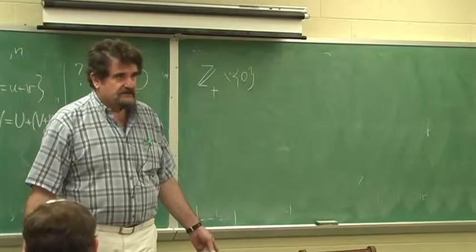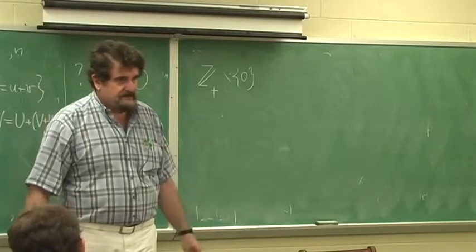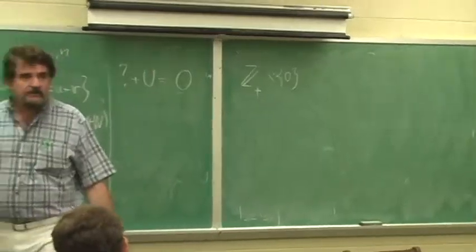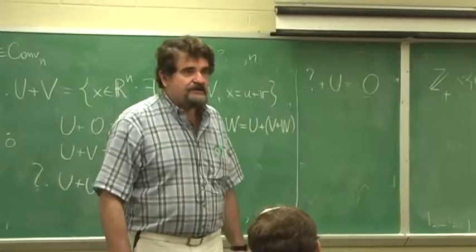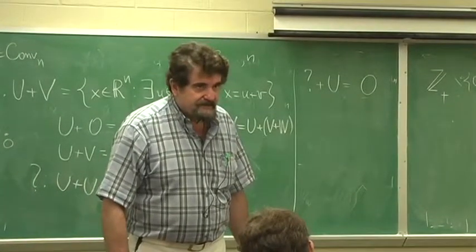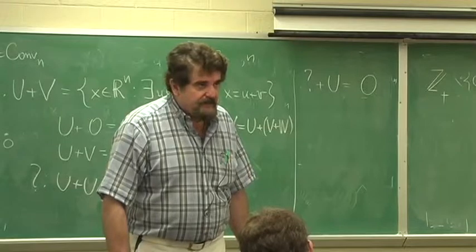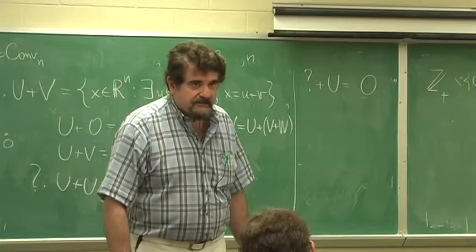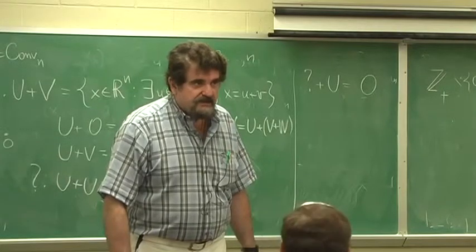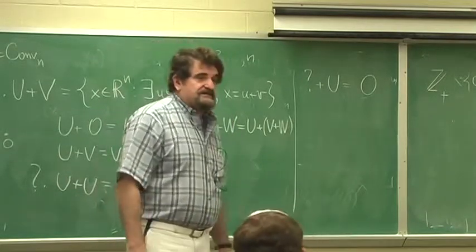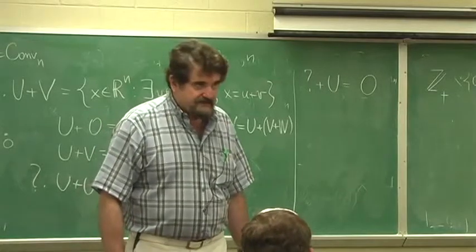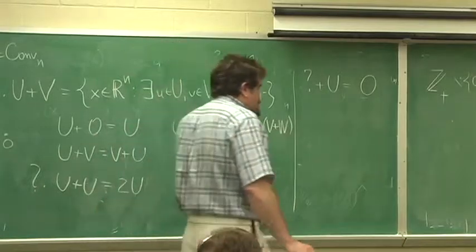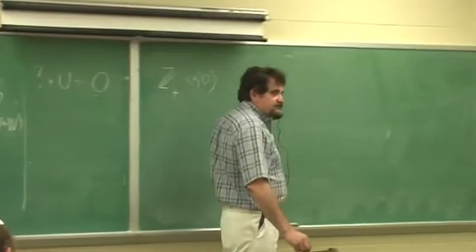It is 1. 1 multiplied by anything is itself. So, this set is a semigroup with respect to multiplication, a semigroup with a neutral element. But the moment we want to divide, we are in trouble. There is no integer number such that multiplied by 5 it will give 1. So, impossible to divide.